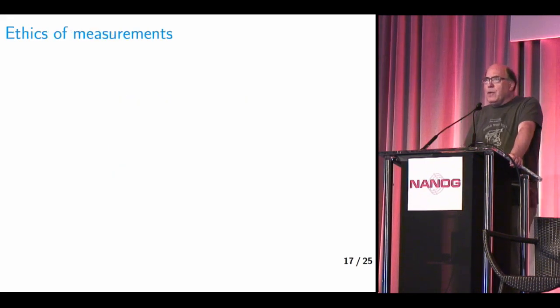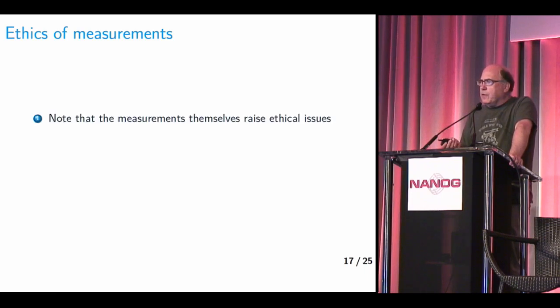One point, by the way, is that measurements themselves can raise ethical issues. It's currently something which is discussed a lot in the world of network researchers, because measurements of this sort, which are very sensitive, can sometimes spell trouble for the user.